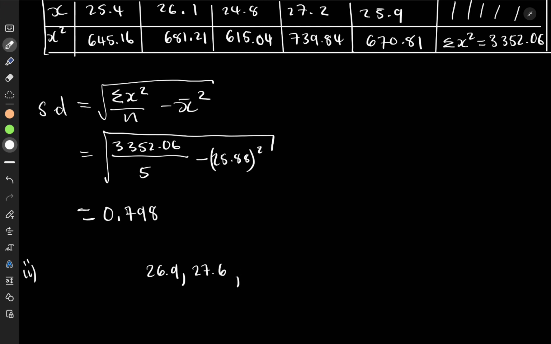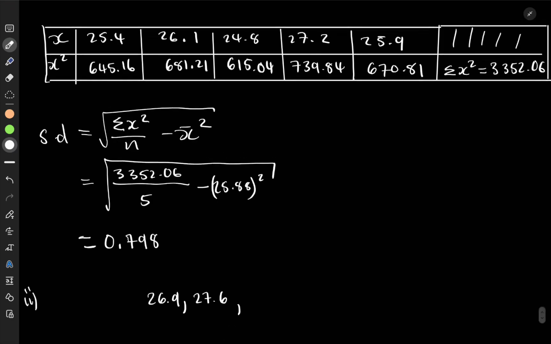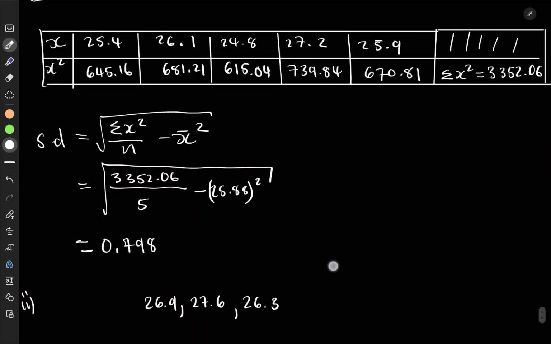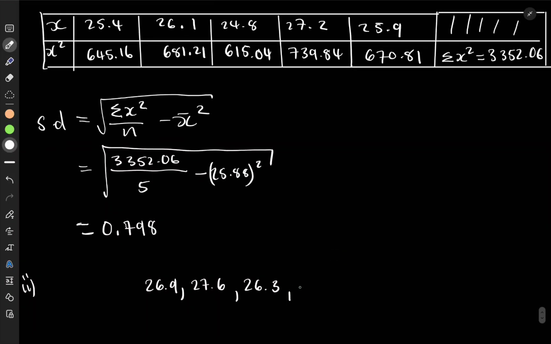Then the next one, 24.8 plus 1.5 becomes 26.3, right? 27.2 plus 1.5 becomes 28.7. Then 25.9 plus 1.5 becomes 27.4.